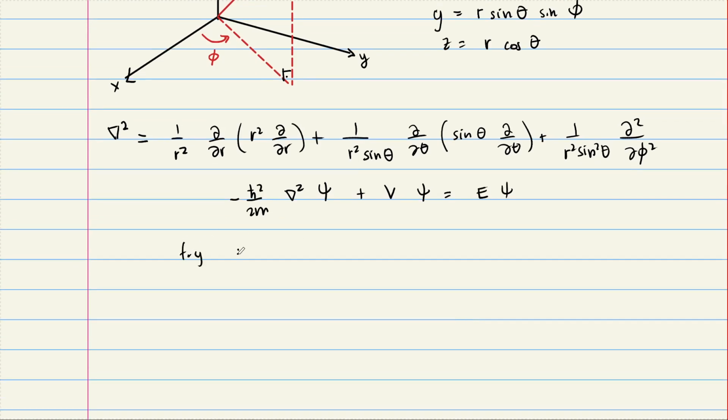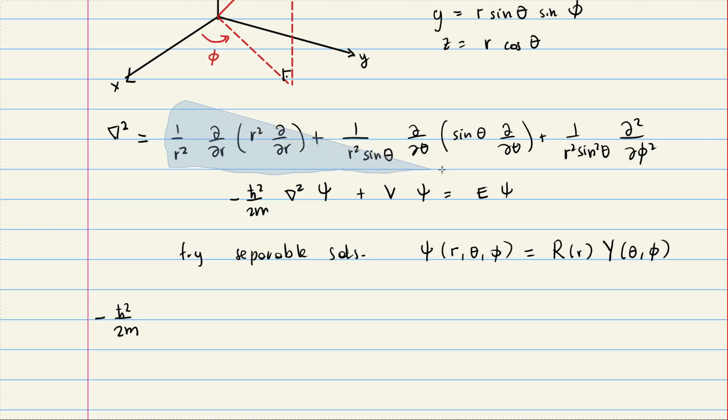Try psi, which is a function of r, theta, and phi. I'm going to have a radial part R, which only depends on r, and I want to have an angular part Y, which is going to depend on theta and phi. So let's write this. This is minus h bar squared over 2m.